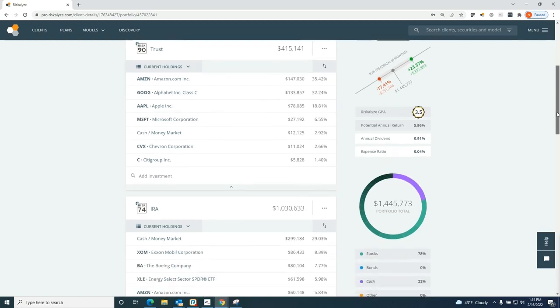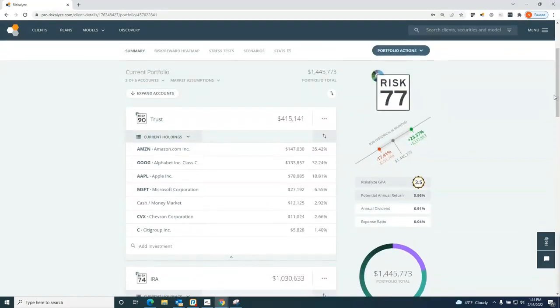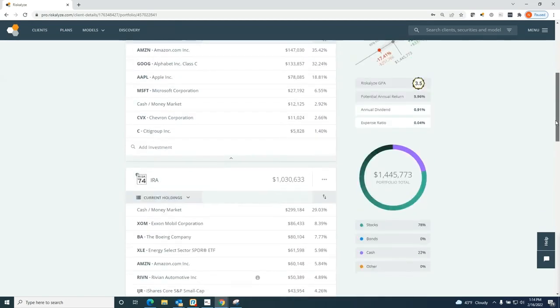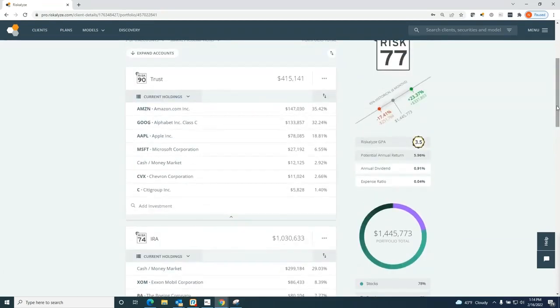By over allocating to things that have done well, in my opinion, this risk reward equation is not favorable for this investor. What that means is they're taking on more risk as this portfolio has gone through the roof and gone higher. Future returns are likely to be lower, and the higher something is valued, the downside becomes more pronounced, or could be more pronounced.